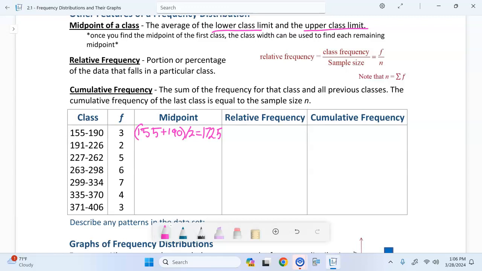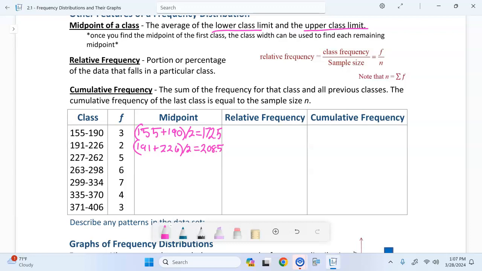Do the same thing for the second class. We can do 191 plus 226 divided by 2, which gives 208.5. What's the difference between those two numbers? Not 35.